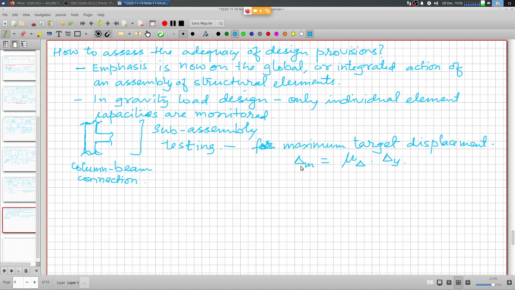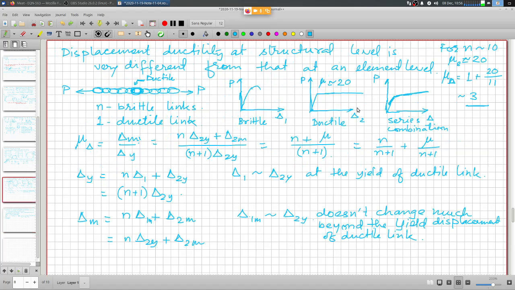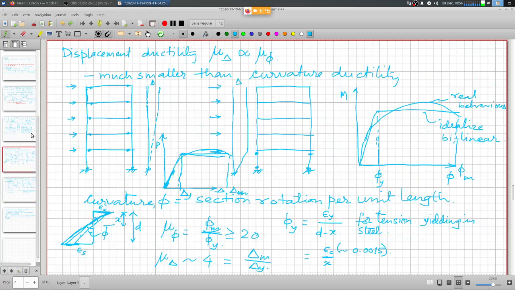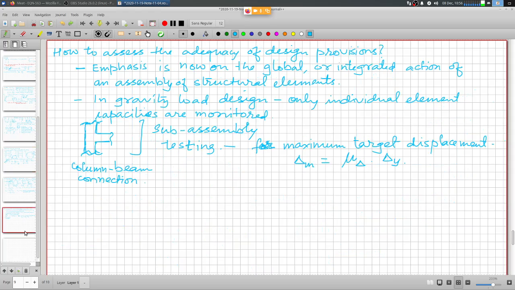So far we are only talking about, all the load deformation curves that we are discussing here, I'm only plotting them monotonic, but actually you have to deal with cyclic loading, right?